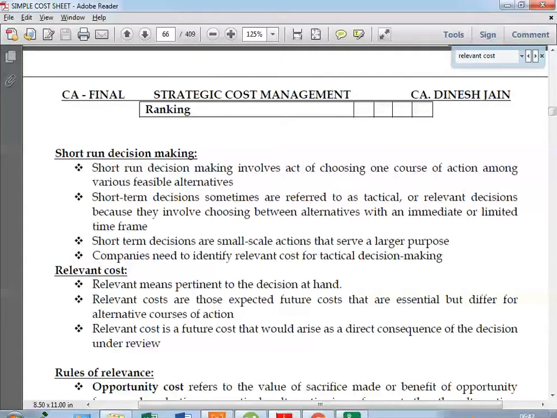So the relevant cost of a material which is slow moving. I have given 3 scenarios. I'm talking about the first scenario. The first scenario was can be sold. Where it can be sold, the relevant cost is realizable value. So for can be sold, put arrow mark down: realizable value.